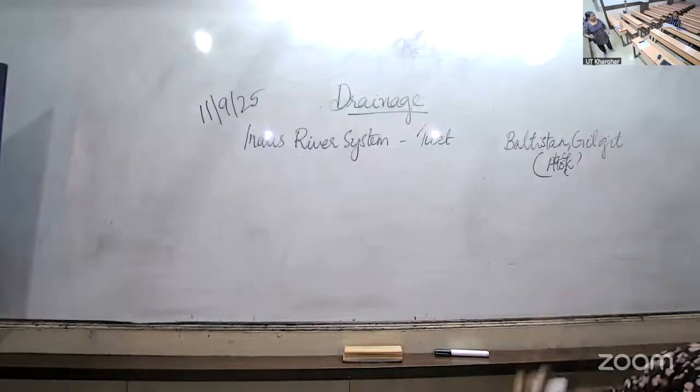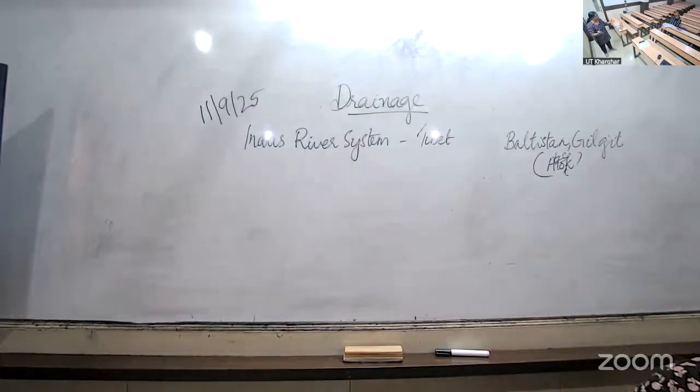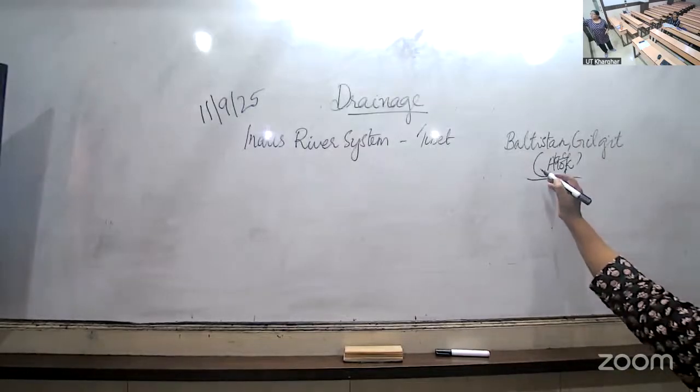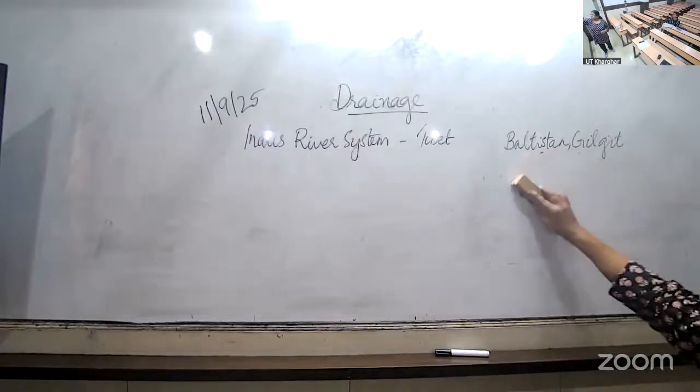So at Attock, it reappears. You just imagine a big river with its tributaries disappearing and then reappearing. What a beautiful sight. So that is the peculiarity. Continue.